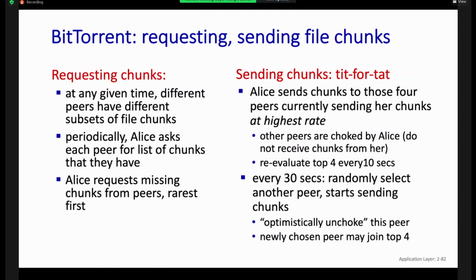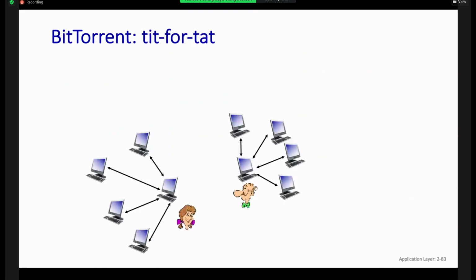So finally we can equalize all the chunks in the different pairs. And the second one is to use the top 4 TAT to send chunks, because I want to find the better trading partner and find out the expected chunks. So these are the two important mechanisms in BitTorrent for peer-to-peer.